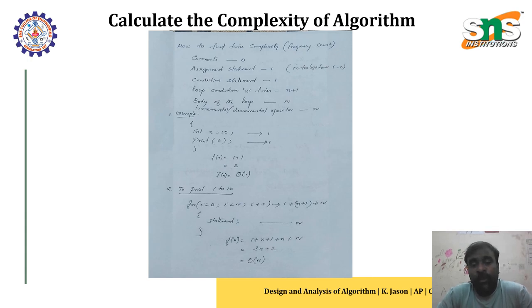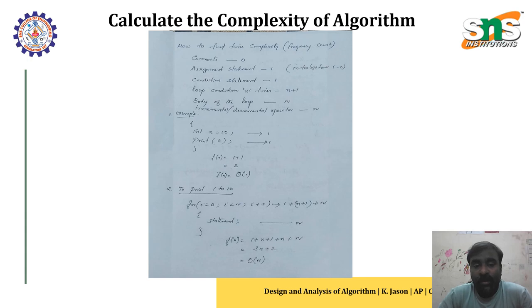Okay, let us go through one simple example. The first program prints the value of A. You get the input and you have to find how much time is required. Consider an algorithm: A assigned a value, that is the initialization, an assignment, which takes 1 unit of time.